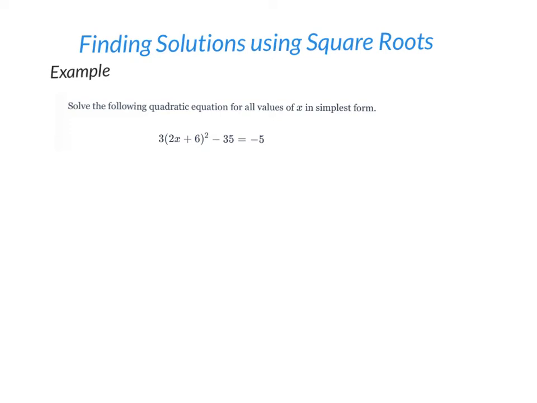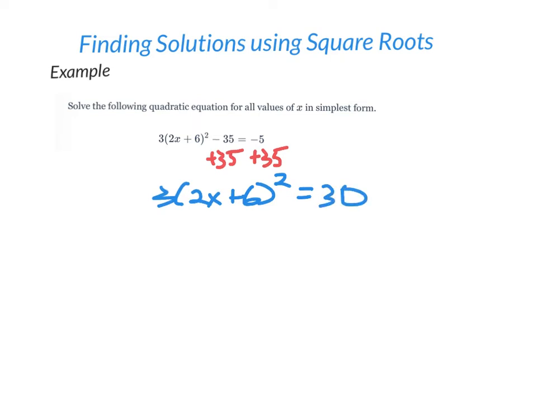So plus 35 and plus 35. Our equation is now going to read 3 times (2x + 6) all squared equals, let's see, negative 5 plus 35 is 30.